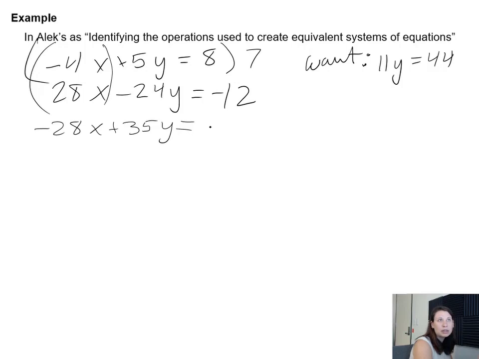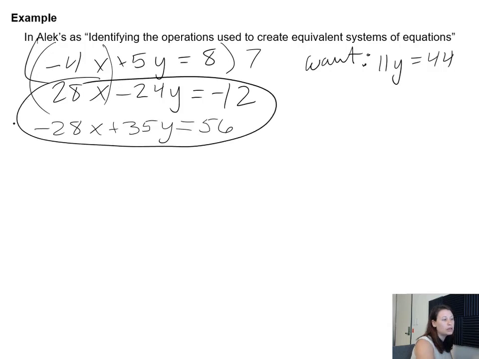8 times 7 is 56, right? Yep, 56. So now we want to take these 2 equations and add them like normal. So 28x minus 28x, no x's, negative 24y and 35y, that's 11y. Then 56 minus 12 is 44.